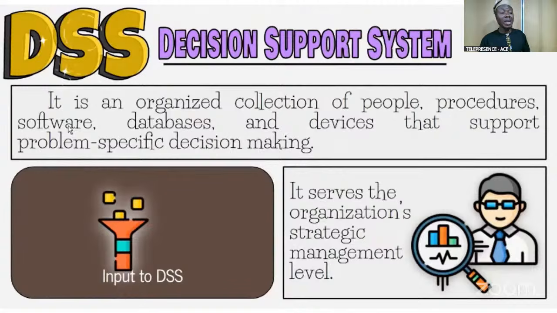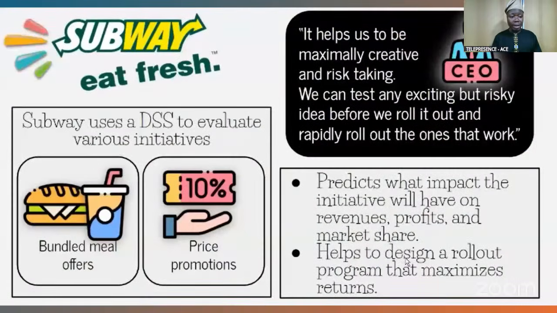Whenever the organization wants to make a decision, they look at the previous data, what has been occurring and how it occurred, what they forecast or foresee, and what they can do in order to manage the resources on the ground, whether human or material. So in decision support system, we have a history that helps us to maximize creativity and risk taking.